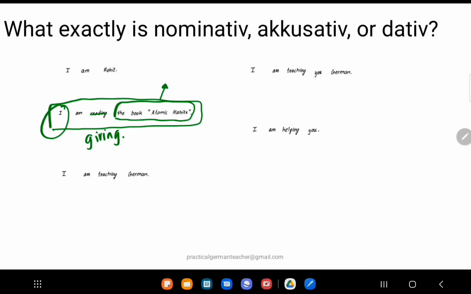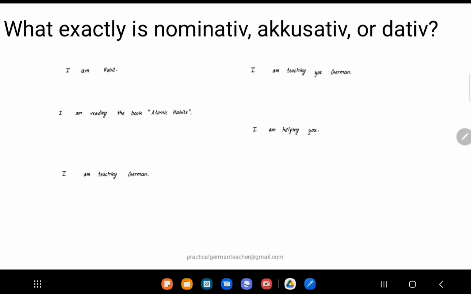Now if you want to say I am giving, then the logical question will be, to whom are you giving the book, right? So I cannot just say I'm giving the book Atomic Habits. There has to be a person who is receiving the object, right, the book. So let's say if I use a pronoun, some lady, her.